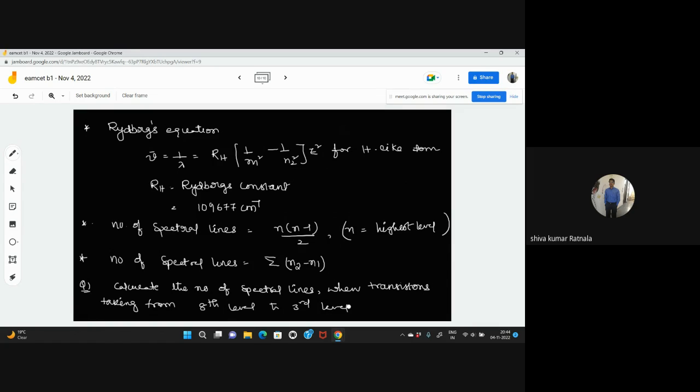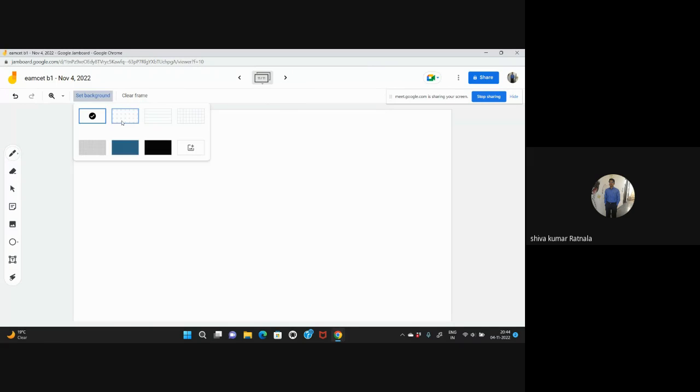That means if an electron is at the eighth level and it is coming to the third level, it can come 8 to 5, or 8 to second, or 8 to third. So like that, how many transitions are we going to find? In that case, the answer is summation of 8 minus 3, that is summation of 5.